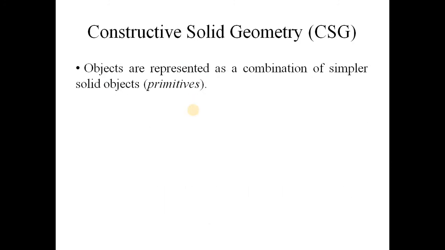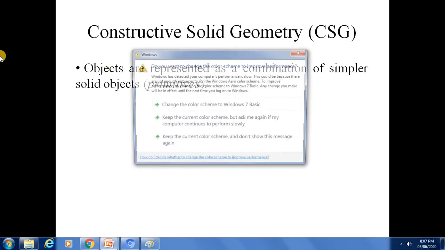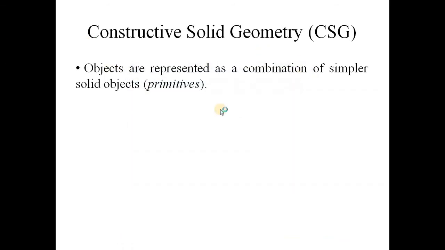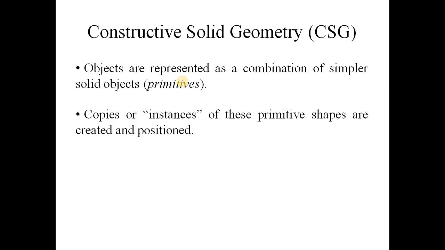Now the next scheme is constructive solid geometry. Constructive solid geometry is a very popular scheme for making a 3D model. In constructive solid geometry as well, you will see the primitives. Objects are represented as a combination of simpler solid objects called primitives.